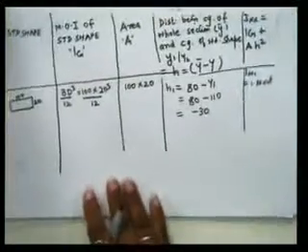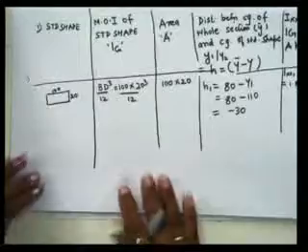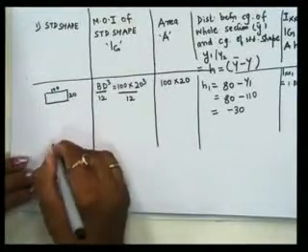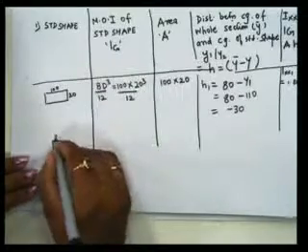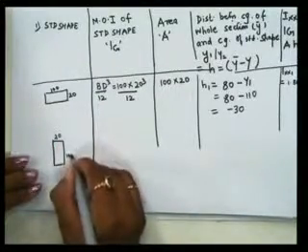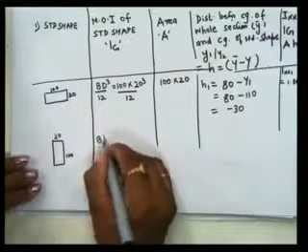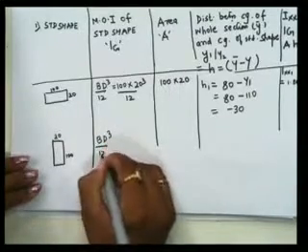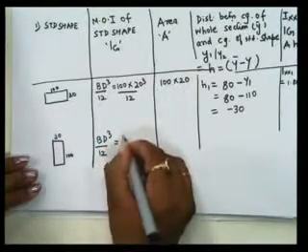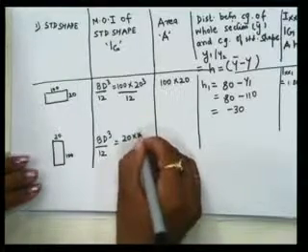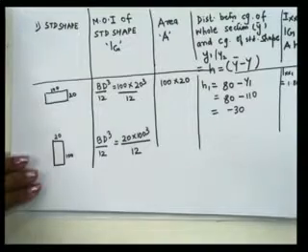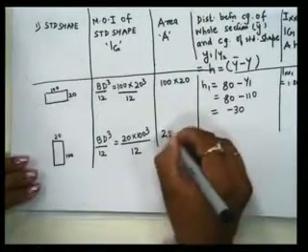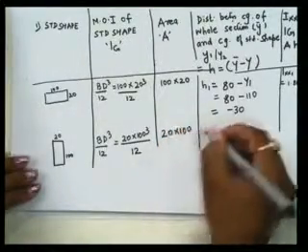Then we come to the second, a vertical rectangle. Dimensions are 20 by 100. So BD cube by 12 is equal to B is 20, D is 100 cube divided by 12. Area 20 into 100.